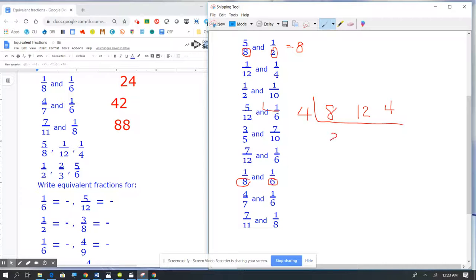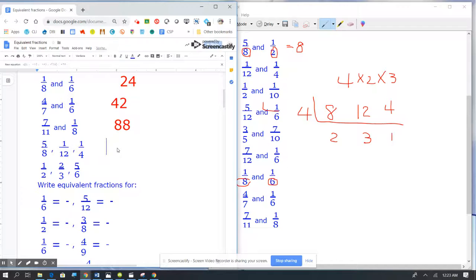Then you have 2, 3, and 1, right? So we can do 4 times 2 times 3. 4 times 2, or we can do 2 times 3, 6, 6 times 4, which is 24. So our answer is 24.